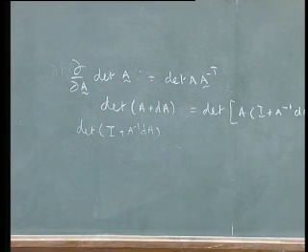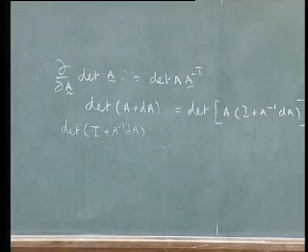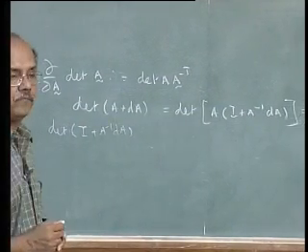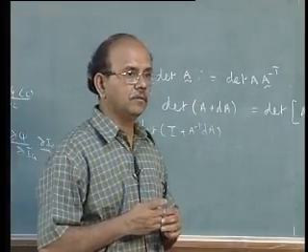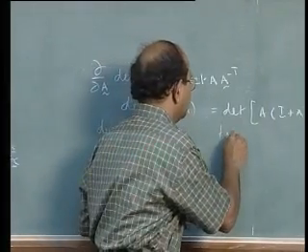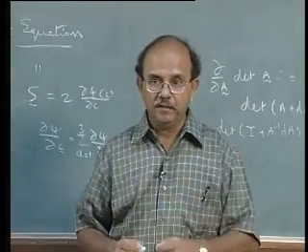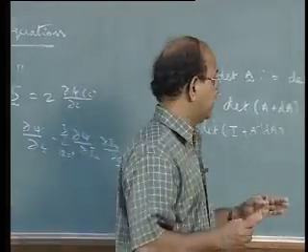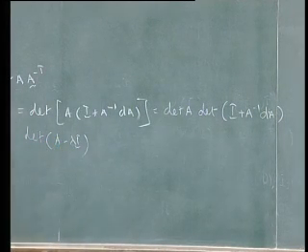This is very similar to the determinant which we use for the characteristic equation in an eigenvalue problem. If I want to write down the characteristic equation for A, how do I write it down? Determinant of A minus lambda I. Compare that and this, and say what is the lambda.